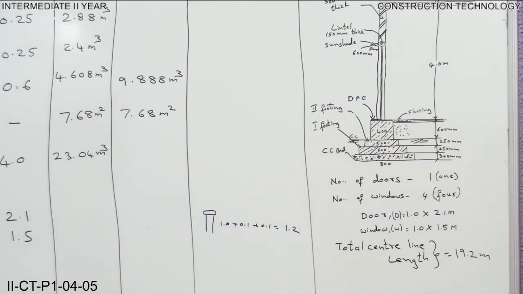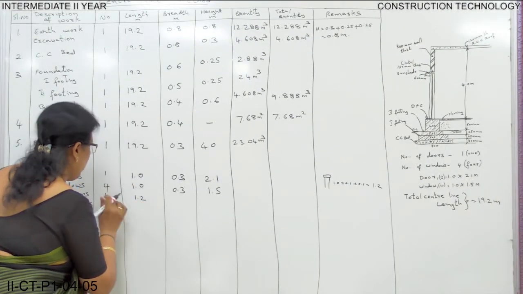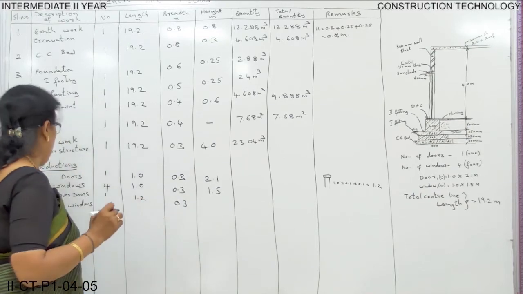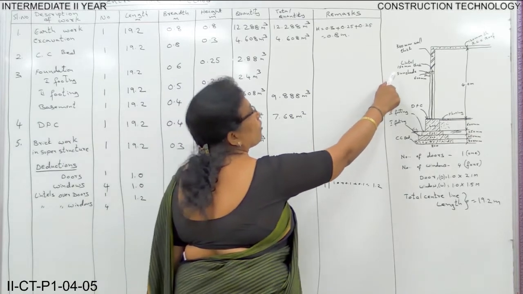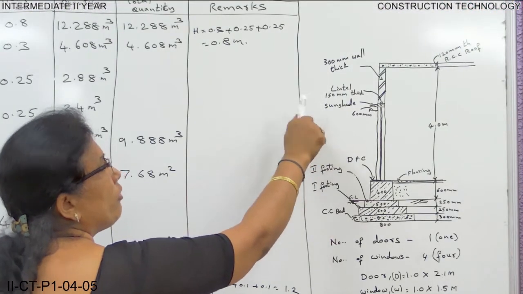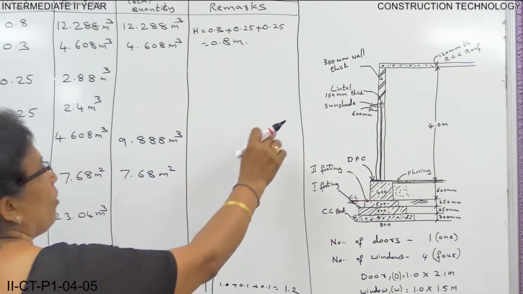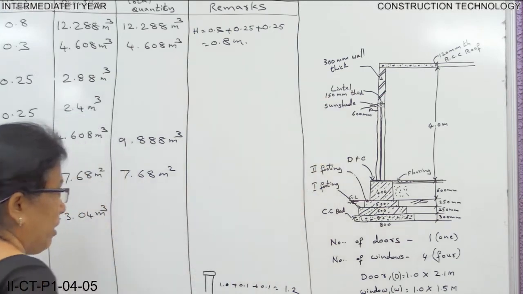So, here for lintels over door, the length will be 1.2 and the same breadth is 0.3. I told you already, if they give the lintel thickness in the drawing, you take that. If they don't give it, you can assume from 100 to 150. Now here it is already given, so this thickness is 150 mm.